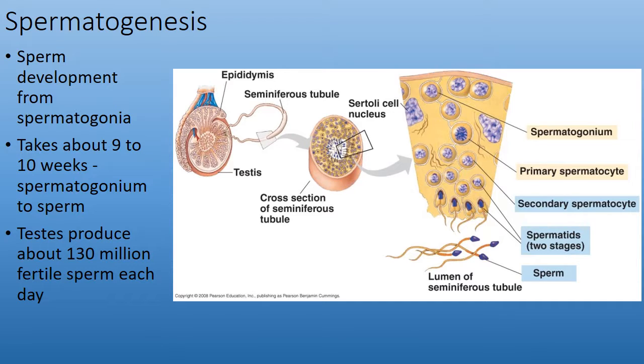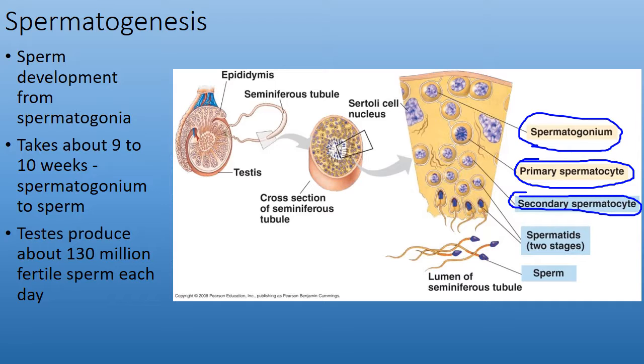Spermatogenesis is the production of sperm that occurs inside of the testes. We see spermatogonium developing into a primary spermatocyte, then a secondary spermatocyte, and from there meiosis will occur, and we see the development of mature sperm cells. After spermatogenesis, there are 4 sperm cells at the end of meiosis.